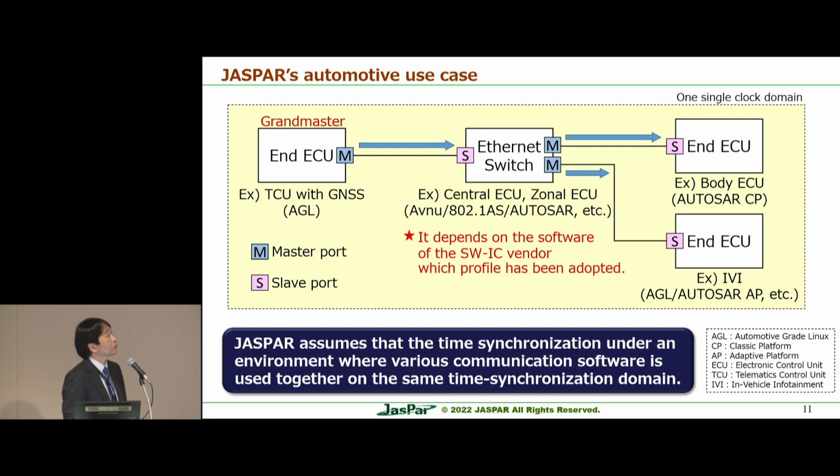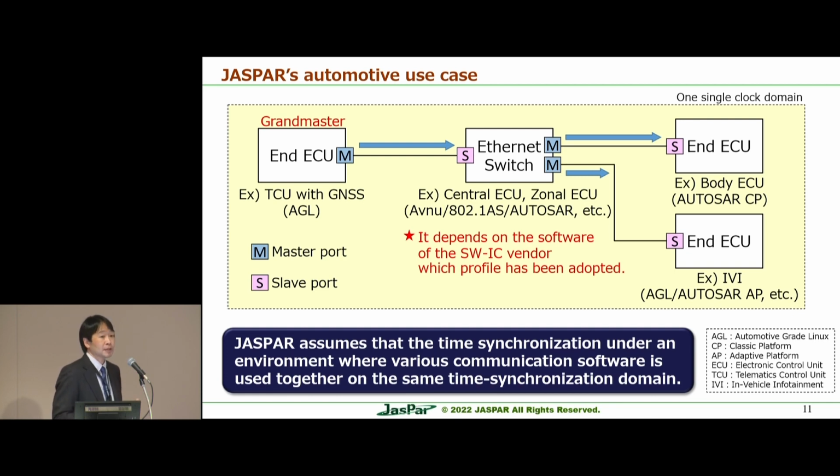We assume the communication software of the TCU is Automotive Grade Linux, AGL, and IVI uses AGL or Automotive Adaptive Platform, and the body ECU is based on Automotive Classic Platform. The example of the Ethernet switch communication software is assumed to be Avenue, .1AS, Automotive, etc. It depends on the software of the switch IC vendor which profile has been adopted.